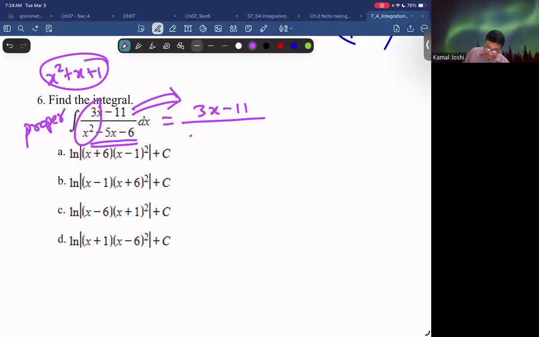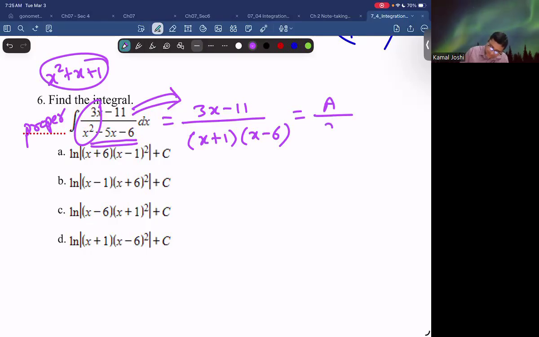But every time you have to check x square minus 5x minus 6. Think about it. You can factor it and it will be x plus 1 times x minus 6, right? So that is a over x plus 1 plus b over x minus 6. Two linear things.